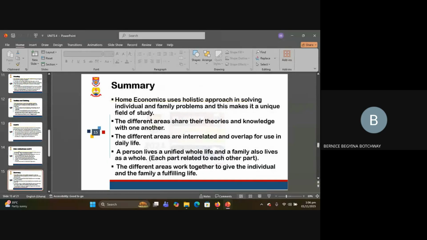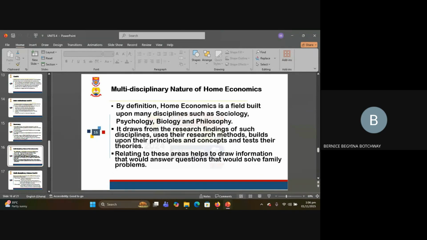Then we move on to the multidisciplinary nature of home economics. I think in our first meeting, we gave the definition of home economics, that it draws knowledge from different disciplines, and then we integrate such knowledge into our studies, into our various concerns.